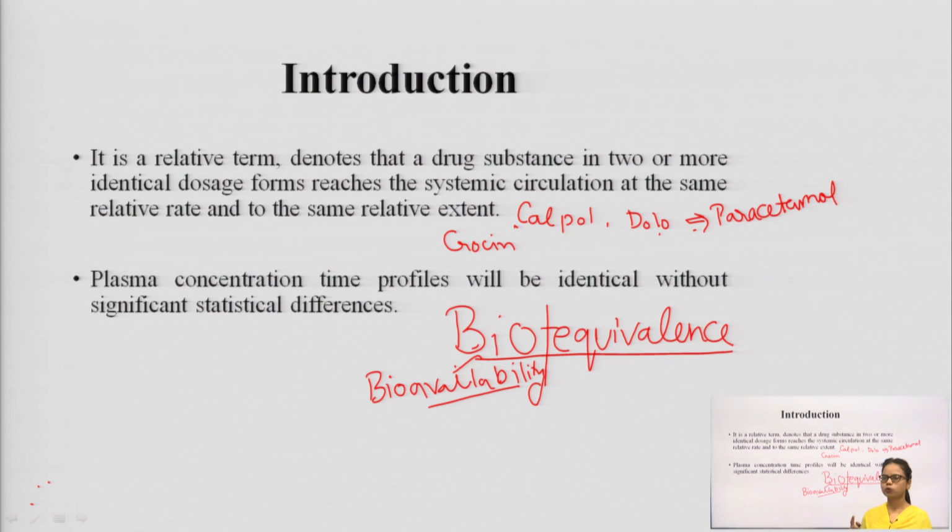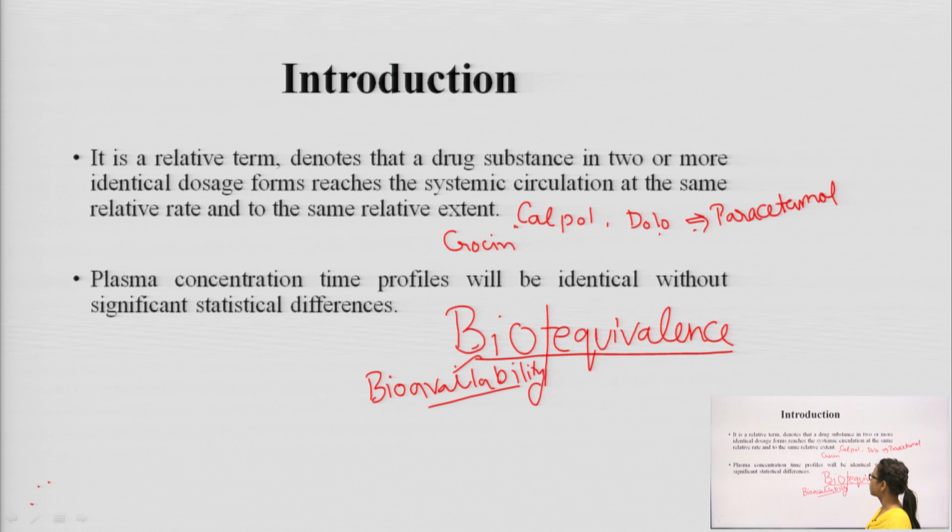Which suits best for humans, which is best for human consumption. So the main aim of a bioequivalence study is to choose the best among various dosage forms or various drugs.